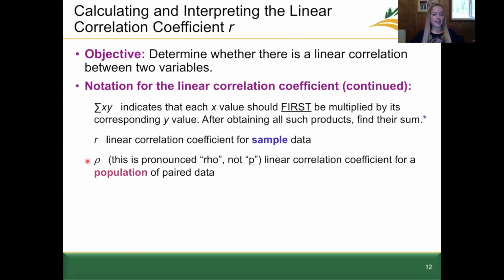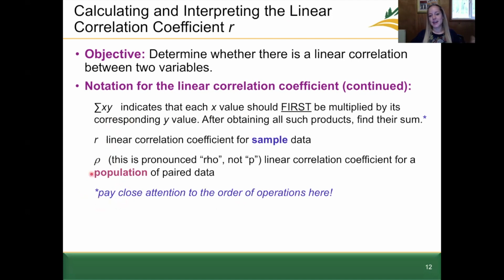If you calculated density before in a chemistry class, for example, then you would have seen this notation that we pronounce as rho. So rho is the linear correlation coefficient for a population of paired data rather than sample data. So again, R for sample data, rho, not P, for population data.